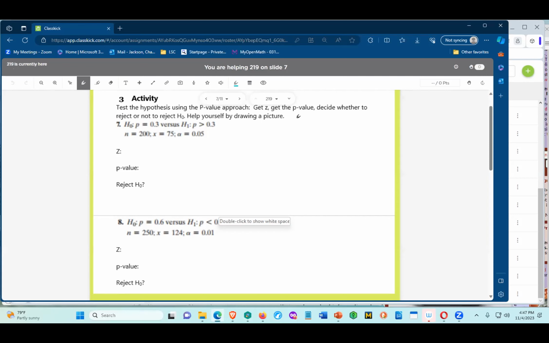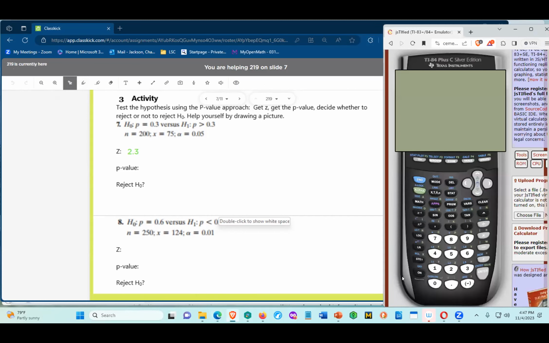So why don't we start with the calculator, Jocelyn, on number 7, and then afterward maybe we'll get Aja sharing the screen. Do you want me to do it for 7 or 8?